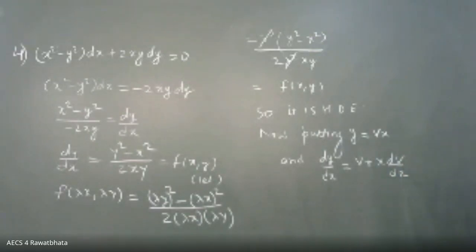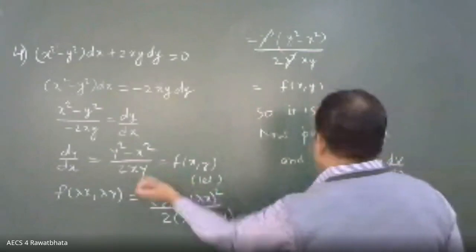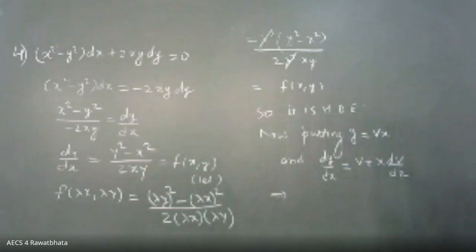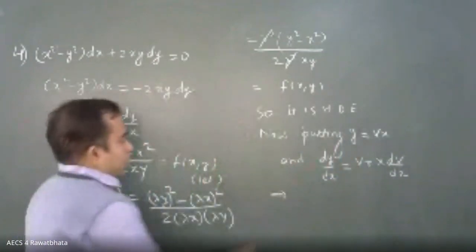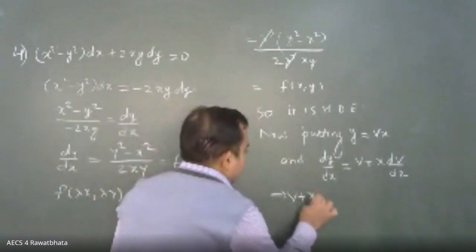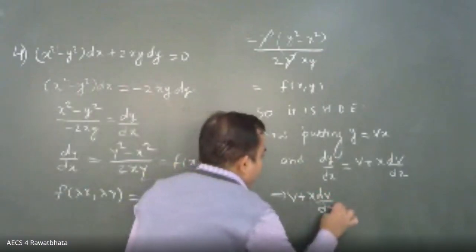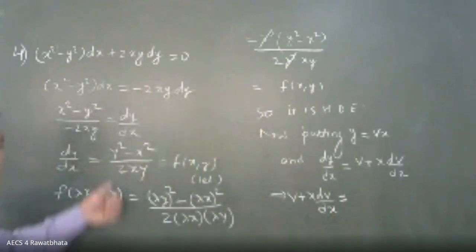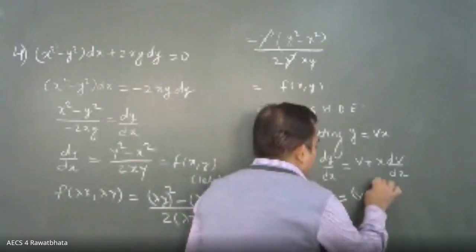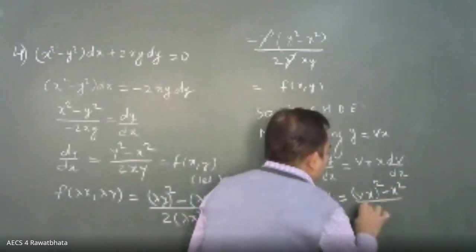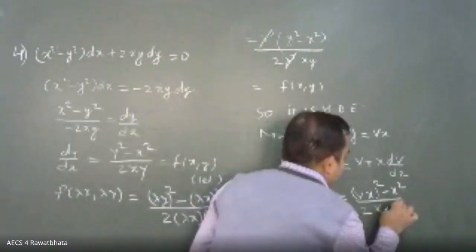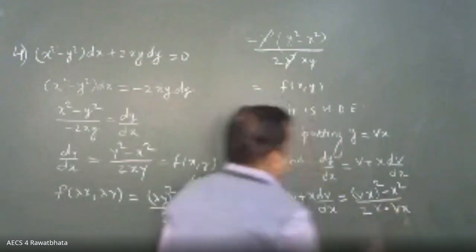So let's put it here. In my equation dy upon dx will disappear, and in place of dy upon dx, v plus x dv upon dx will appear equal to, in the right hand side y will disappear and in place of y, vx will come whole square as it is, whole upon 2x as it is, and in place of y vx will come.